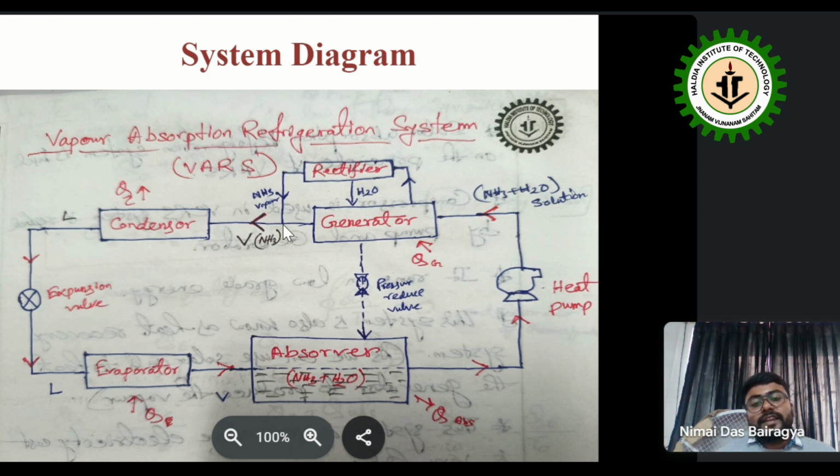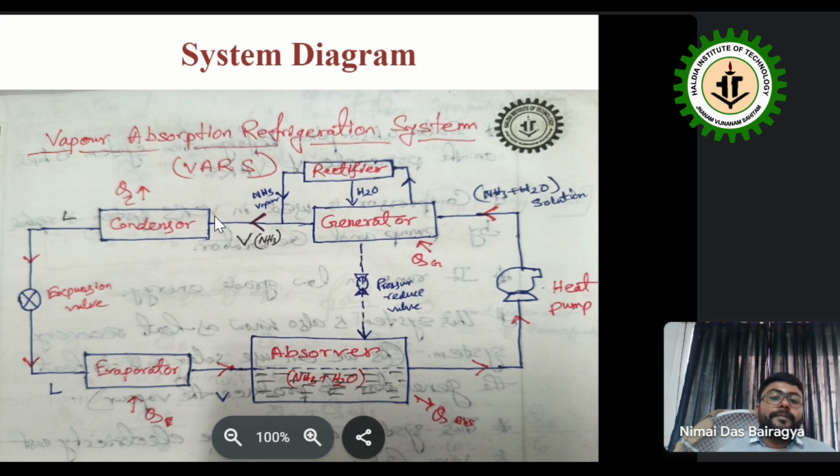Why does it allow only ammonia vapor to the condenser? Because if water molecules also come to the condenser, the efficiency of this system decreases. That's why water molecules go back to the generator and further to the absorber.